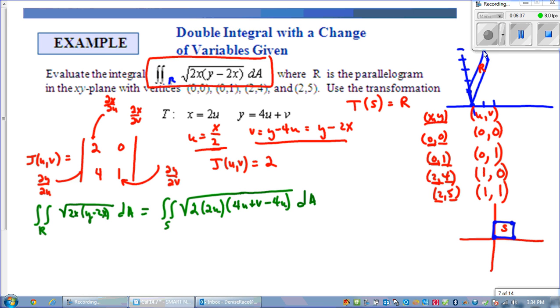Oops, I forgot to put the Jacobian in there. Times the absolute value, which is still just 2. Okay, so now simplifying, that becomes 4u times v.